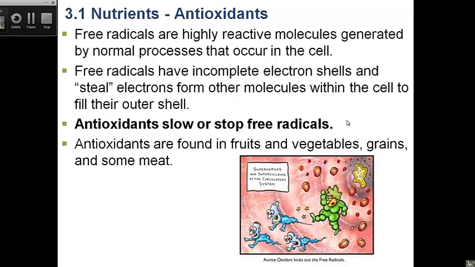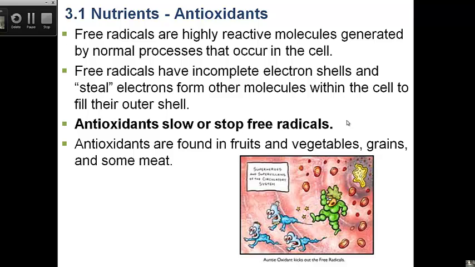And so when these electrons are taken from collagen, collagen is damaged, and eventually that results in the formation of wrinkles in the skin as a result of long-term damage to collagen. And so that's why you hear antioxidants mentioned very frequently in the health and beauty industry. The prevention of the action of free radicals prevents wrinkles, and that's, I guess, a major component of the beauty industry. So antioxidants then slow or stop these free radicals.